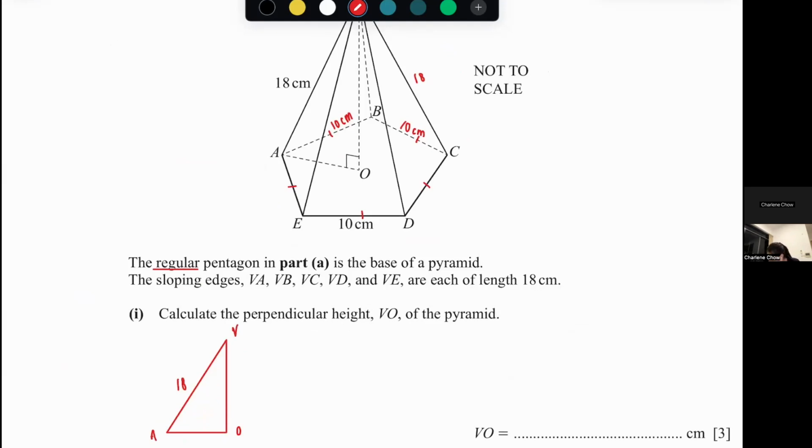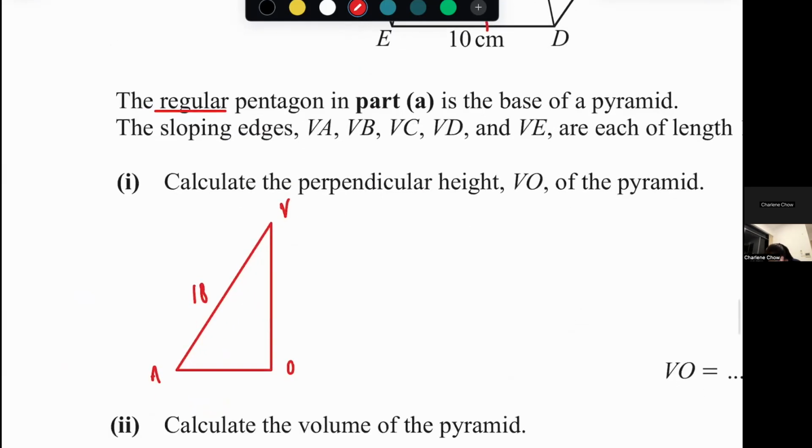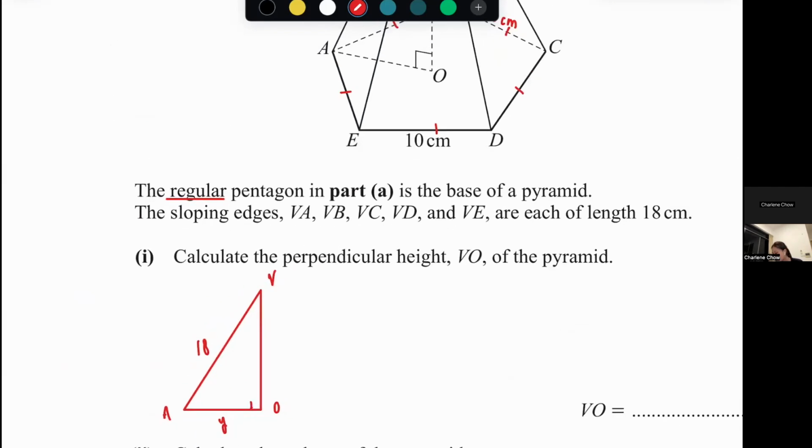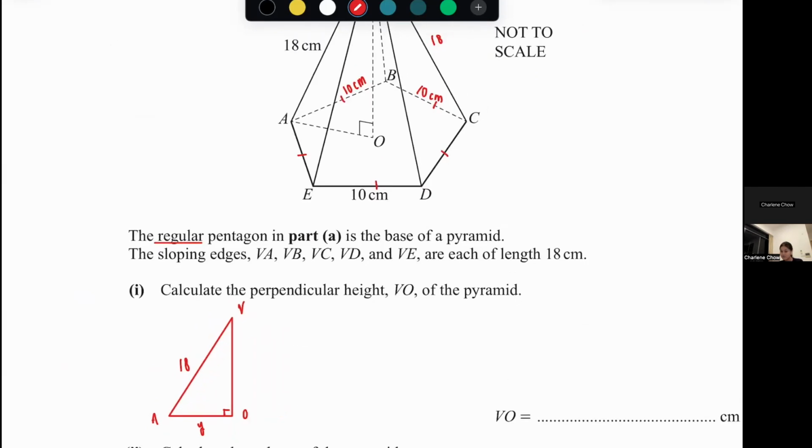Good. AO is actually part of an isosceles triangle. Let's just say AO is Y for now. Let's keep it as Y. I'm also going to very quickly mark the right angle there, so that's angle O, the corner of the triangle.